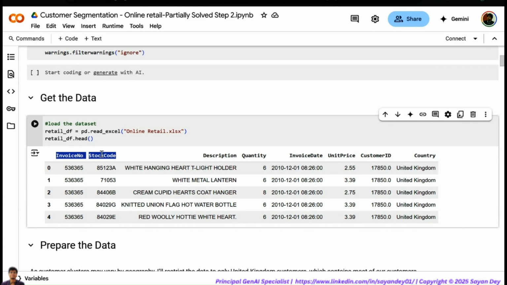So even if you apply the k-means algorithm on this particular data set, you will not end up doing customer segmentation. You will simply end up doing order segmentation.